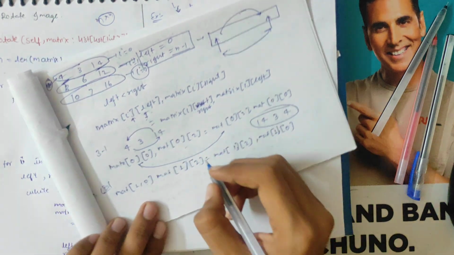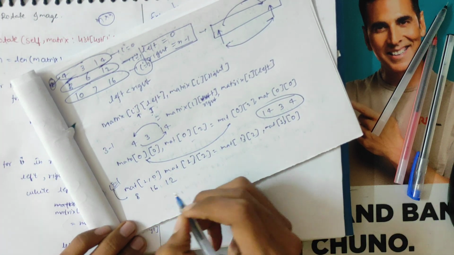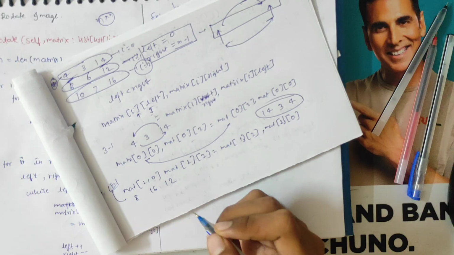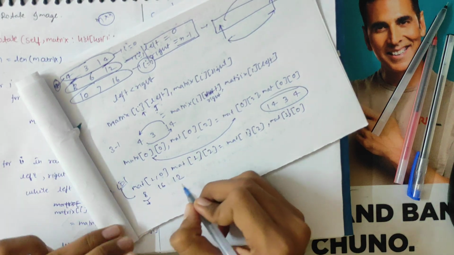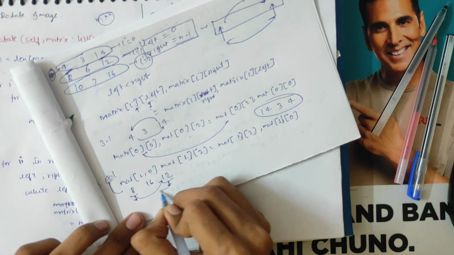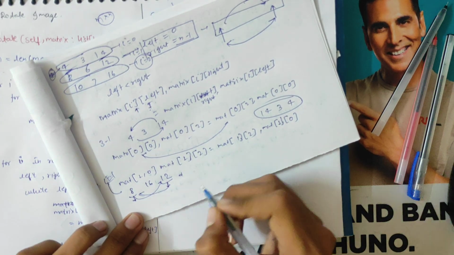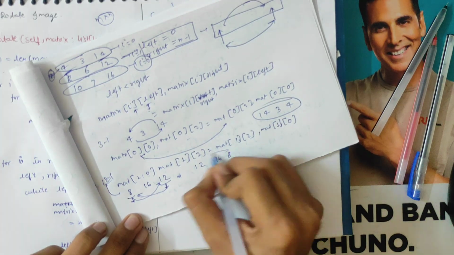So for i equals 1, we have our linear array as 8 6 and 12. In this, 1 comma 0 is this element, and 1 comma 2 is this element. So these will get swapped. So we have 12, 16, 8.